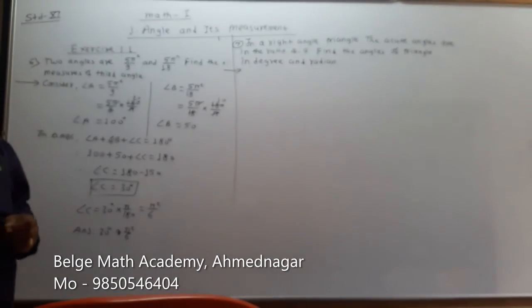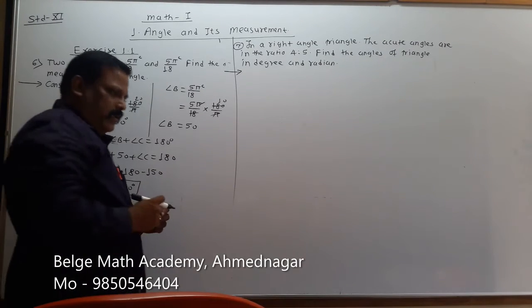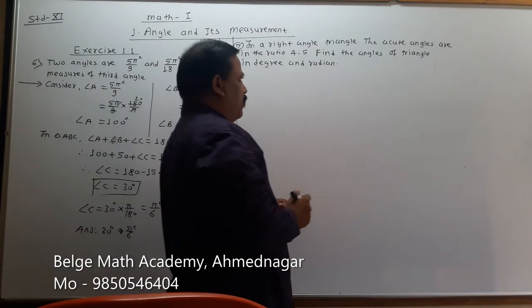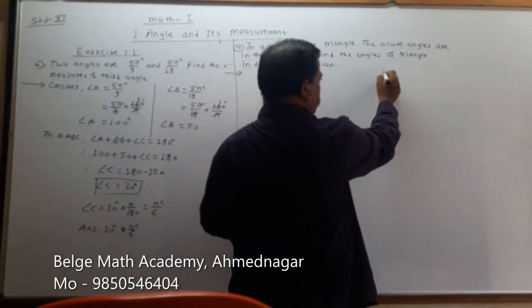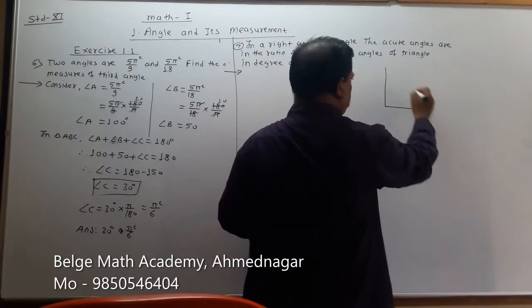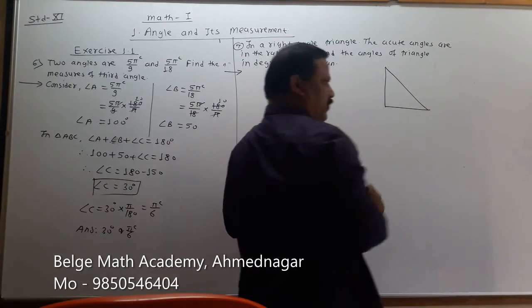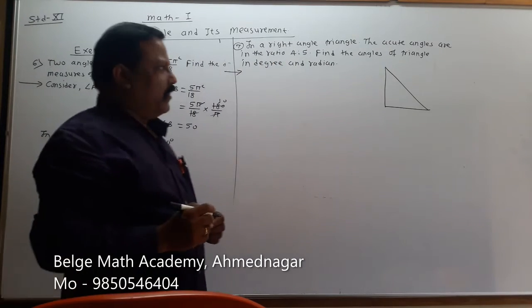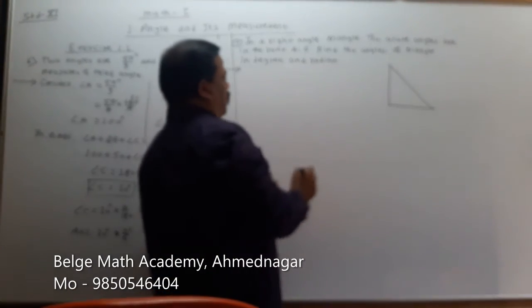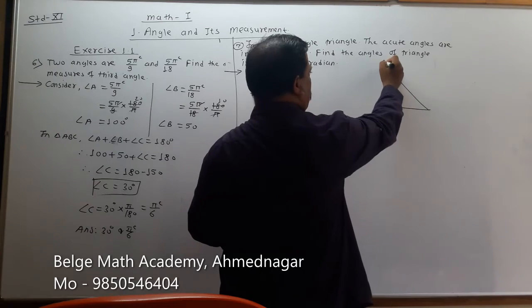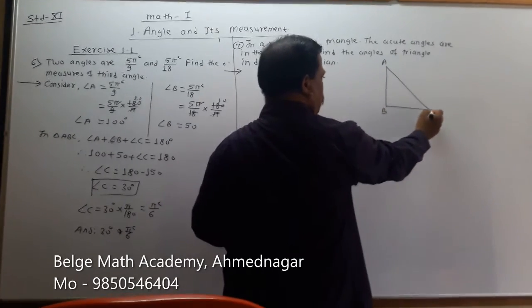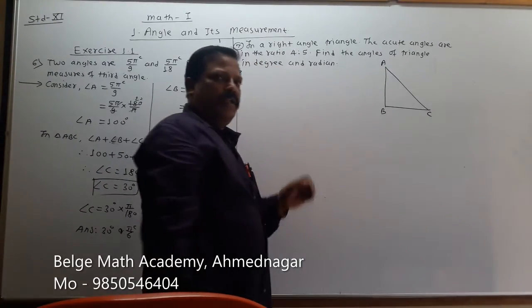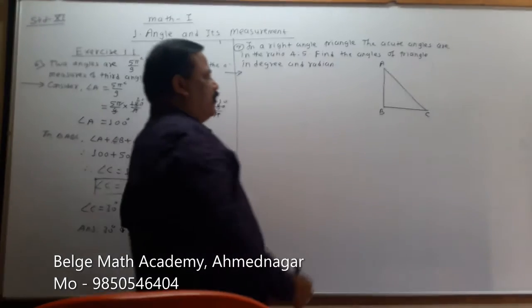So particularly in this example, we are given that the triangle is a right angle triangle. One angle is a right angle. So consider that the triangle is named ABC.